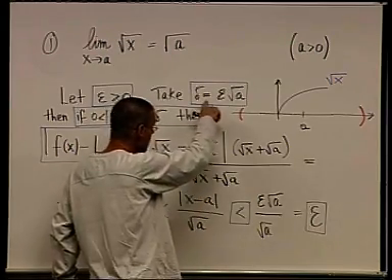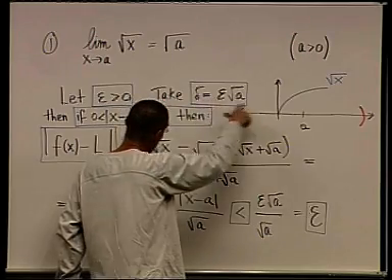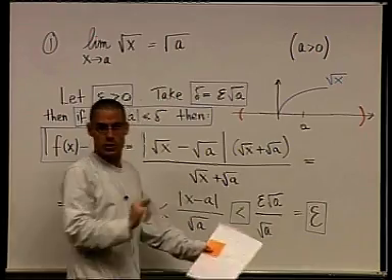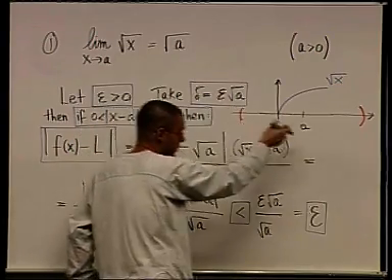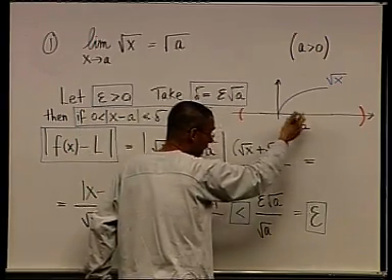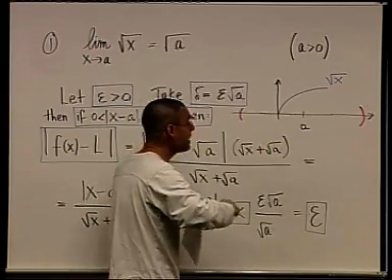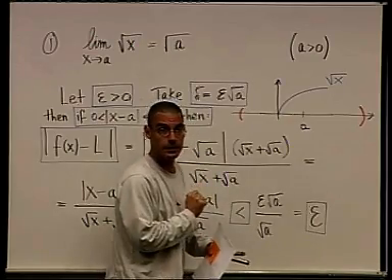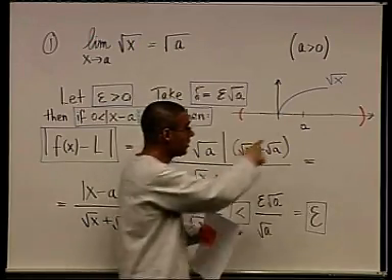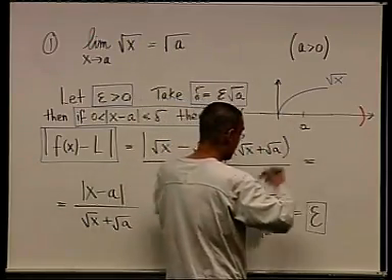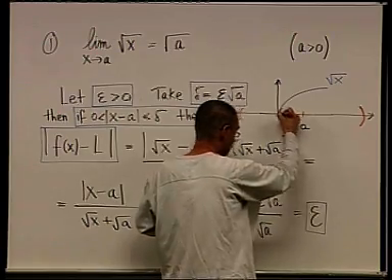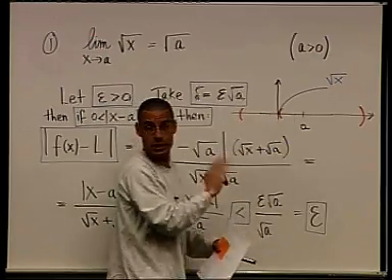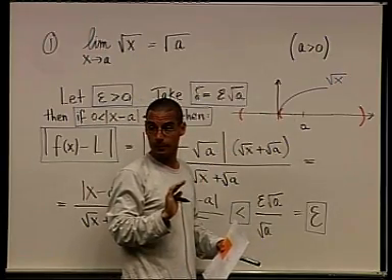We're just going to say here, take delta, not just to be epsilon root a, but check what you get. If delta is small enough, meaning, what's the biggest delta can be in order for this not to happen? a itself. If delta is a, that would get us exactly to 0, to here. Anything bigger than a would exceed 0 to the left, and we're in trouble, right?